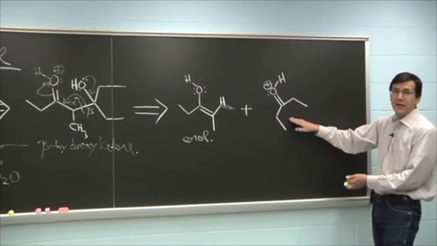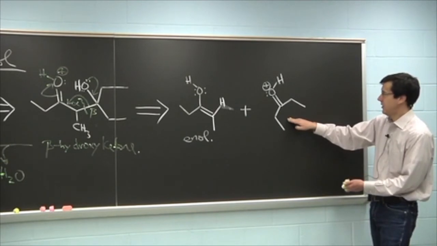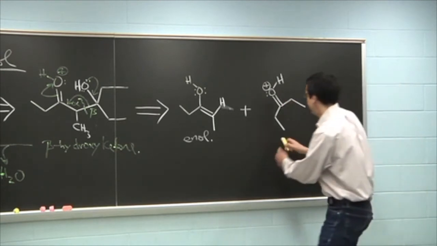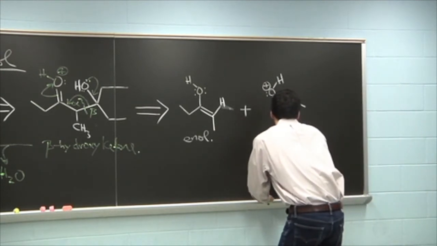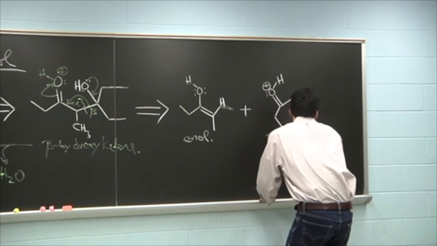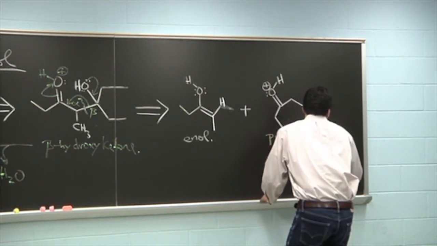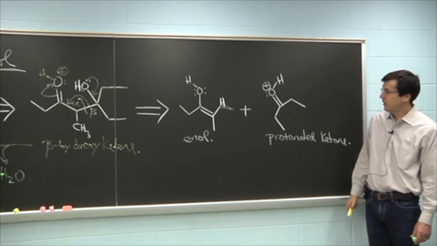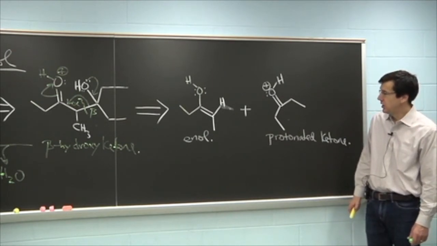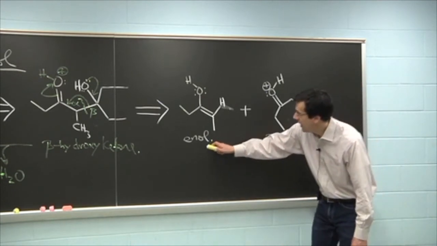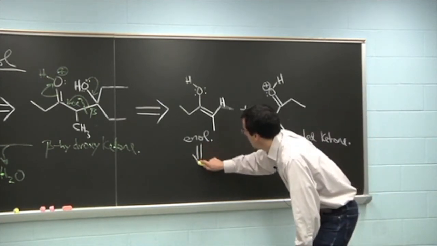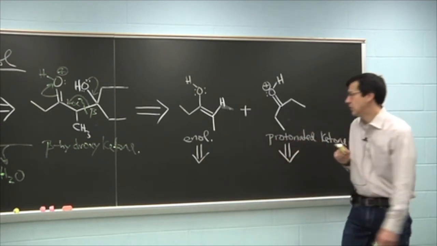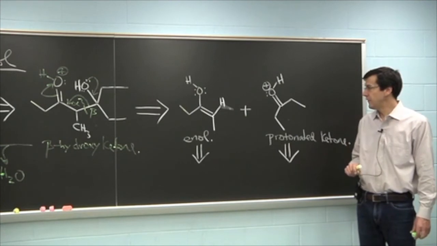This here, see if you can identify what in the heck this is. This is a protonated ketone. So we're almost there. We're almost to the starting materials for this aldol condensation. You just need to specify where this enol came from and where this protonated ketone came from. So see if you can do that.